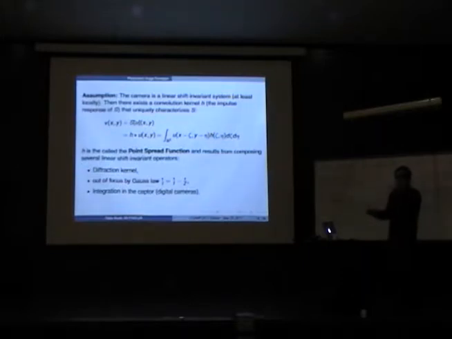It means that the camera doesn't behave in the same way in different locations of the image. So it's really not a linear shift invariant system, but locally this approximation is good enough. Then you must have seen this many times, that you can characterize the system by the impulse response, which is a convolution kernel. And in the case of cameras, it's called a point spread function.